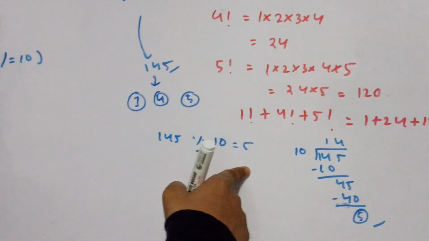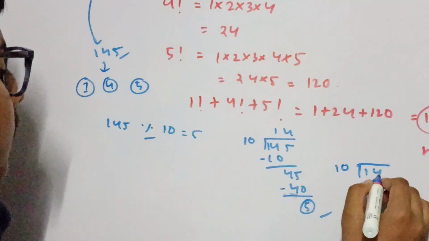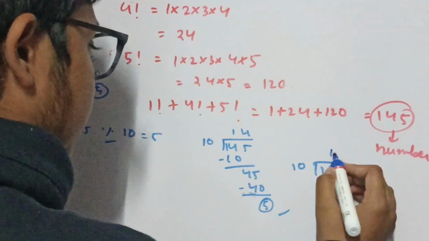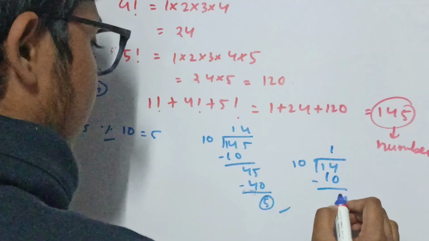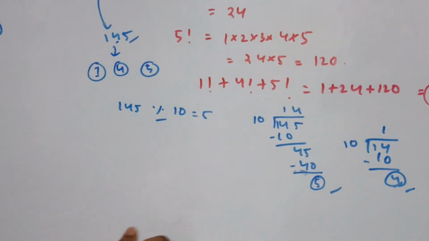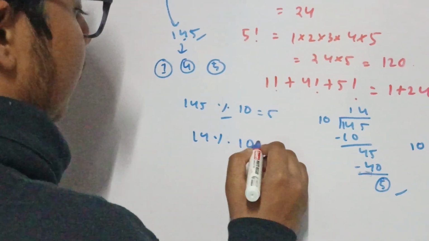So by this you have got the last digit. Next we will keep aside the last digit and do the division with the remaining two digits. Here we get remainder 4, which is your second last digit, the middle term. So you have separated the middle term as well.